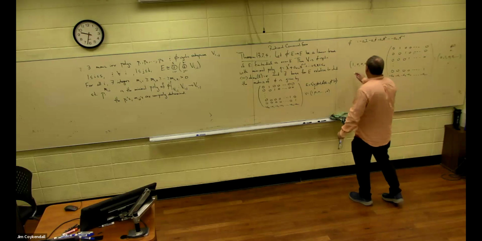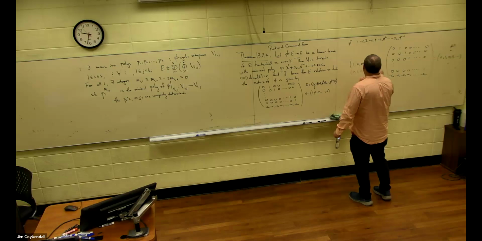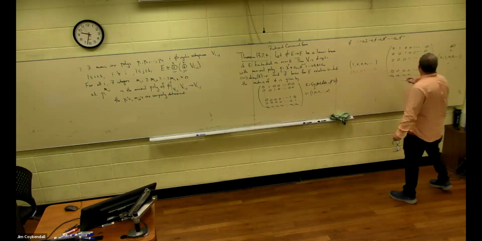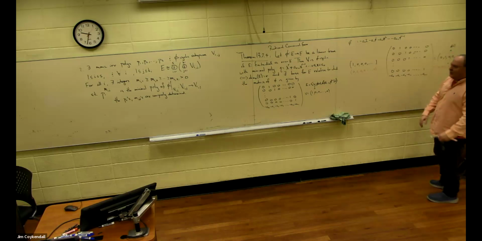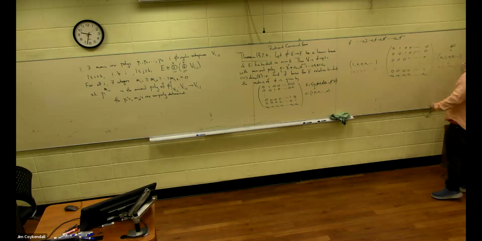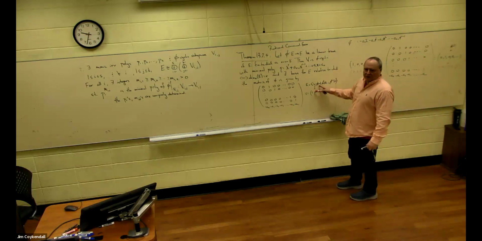Now I get 0, 0, 1, 0, 0, 0. So you see what this matrix is doing is shifting: this one to this one, with a one in the first entry, one in the second entry, one in the third entry, and so forth.